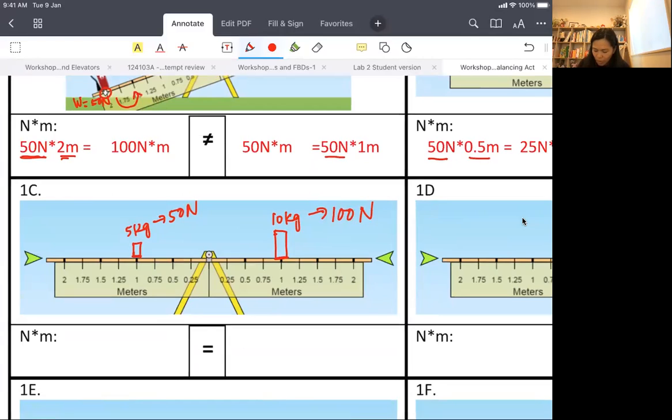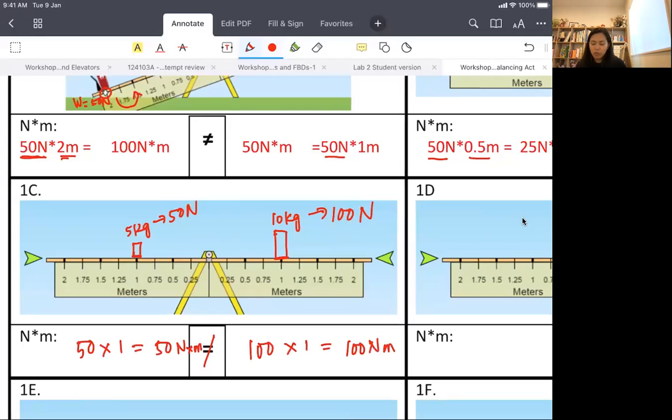And the torque on the right is 100 times 1. That will give you 50 newton meters, which is obviously not equal to the weight force 100 times the lever arm of 1. This is 100 newton meters. So obviously they're not equal, they won't balance out.